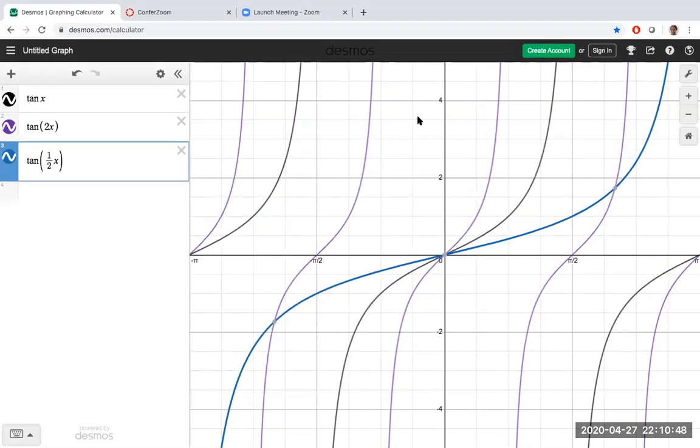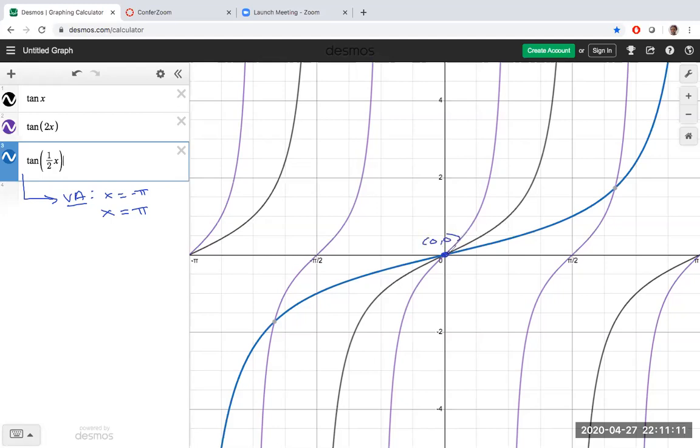So for this particular graph, I have asymptotes at x equals negative pi and x equals positive pi. I have 0, 0 still on the graph.